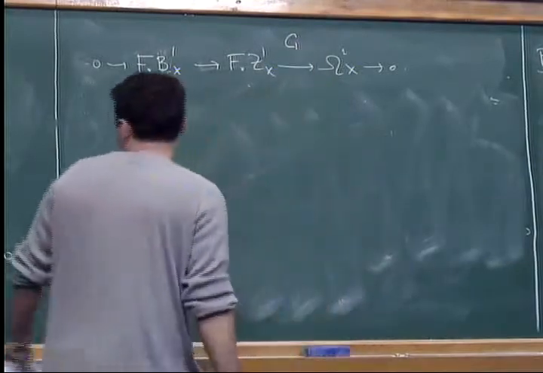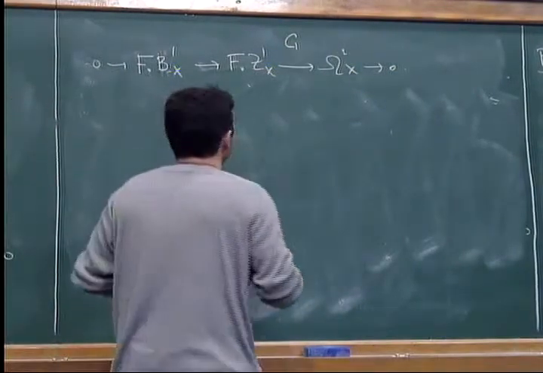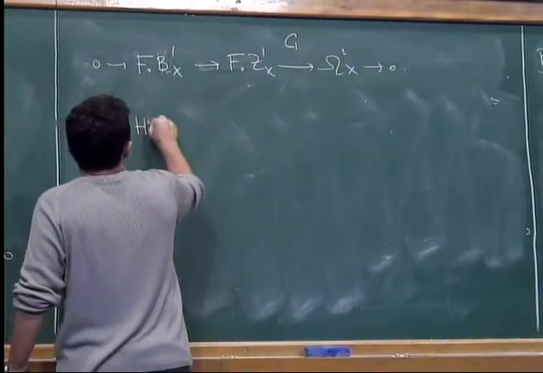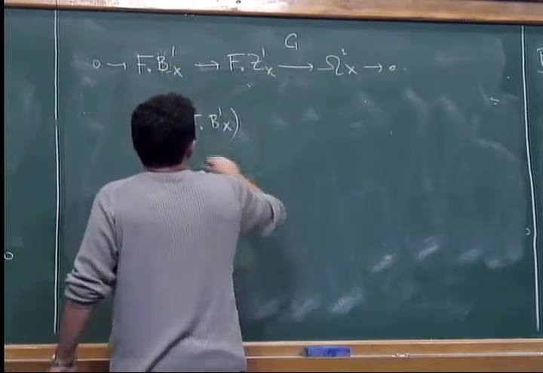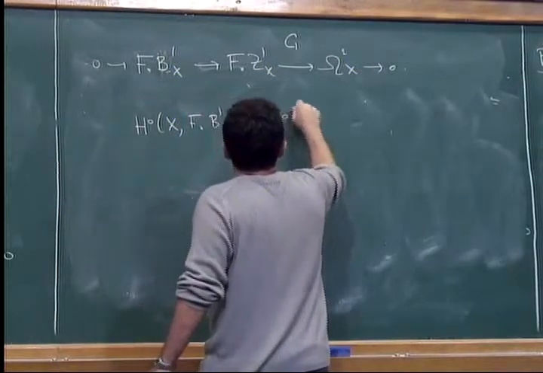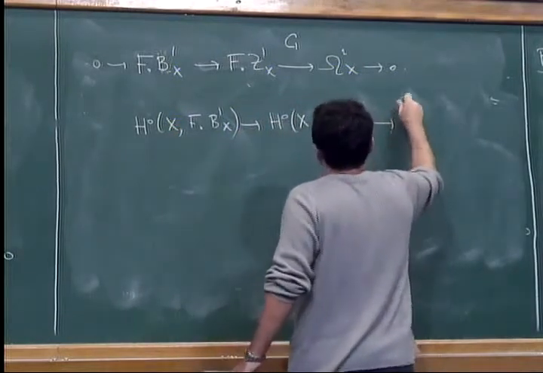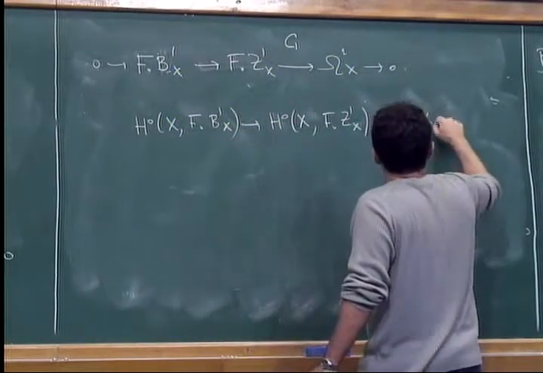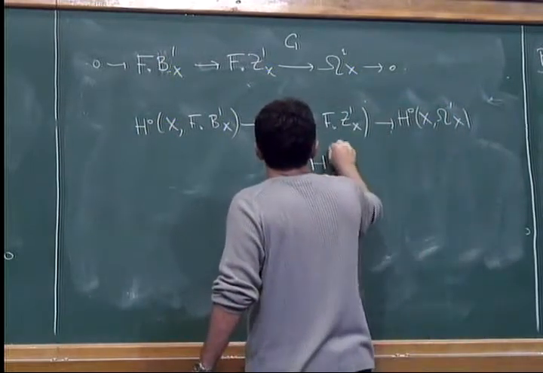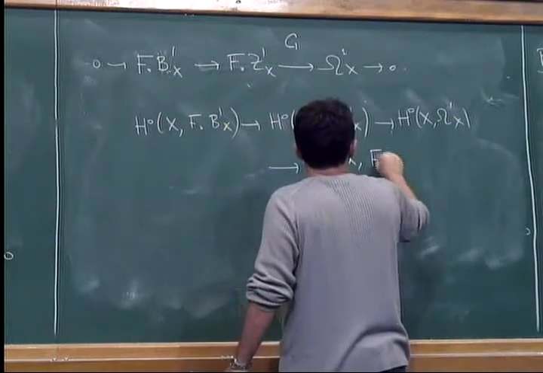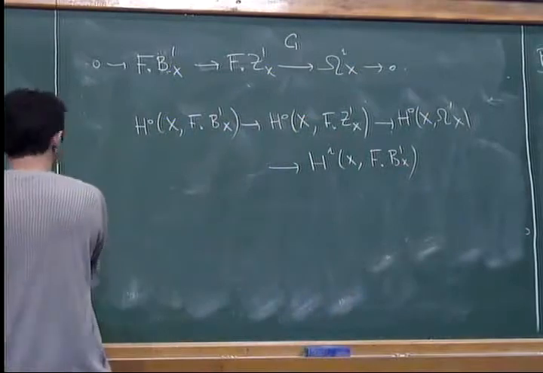Okay, so now you consider the long exact sequence associated to this: H^0 of X, the pushforward of B1, H^0 of X, the pushforward of Z1, H^0 of omega 1, cokernel map into H^1 of X, pushforward of B1.